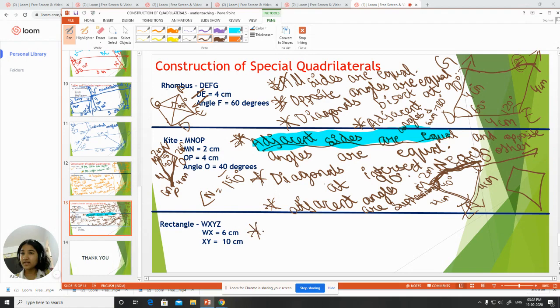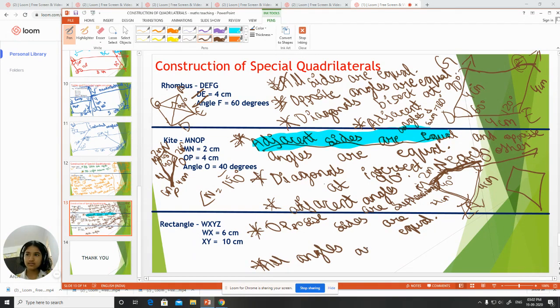Okay. Next thing, a rectangle. What are the properties of a rectangle? Opposite sides are equal. What's the next thing? All the angles are 90 degrees. So we'll draw over here. WX is 6 centimeters and XY is 10 centimeters.